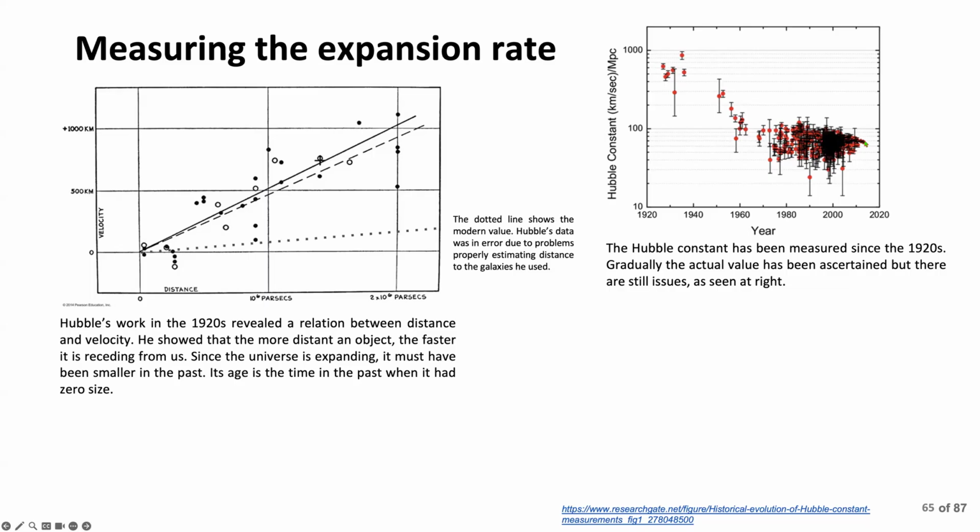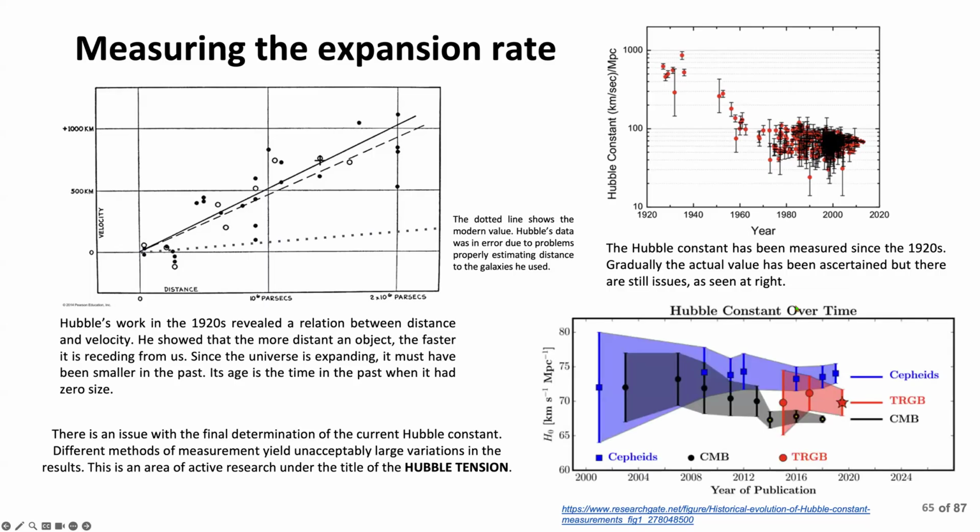and we now have a good but not great estimate of the Hubble constant. In fact, we have a problem because as we use different methods to measure the Hubble expansion rate, we get different values. This was not expected. It became a problem about 10 years ago, and everybody is struggling to understand why we can't get the three key methods for measuring the expansion rate to agree.